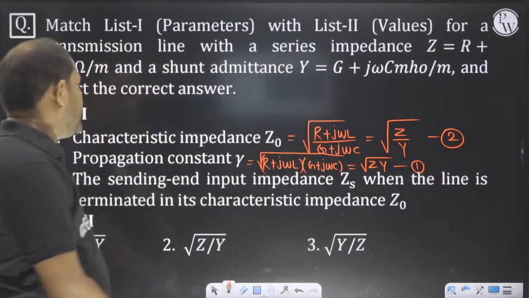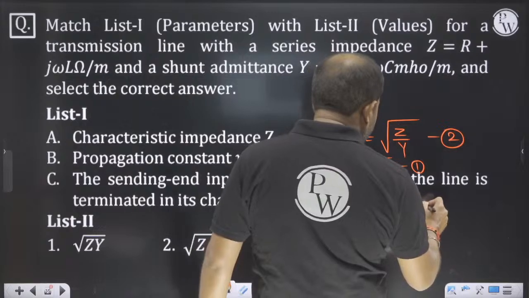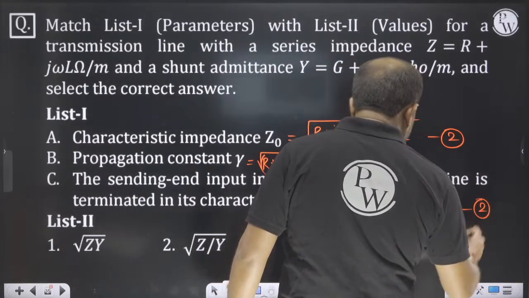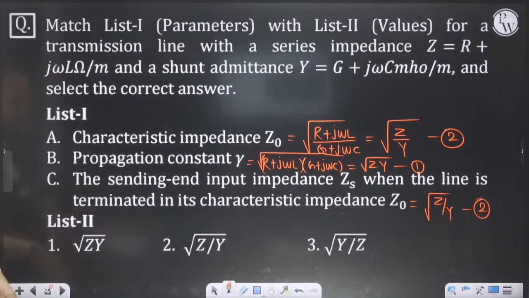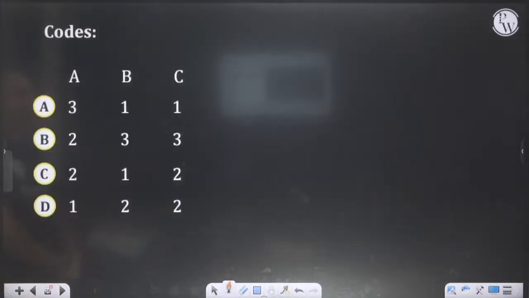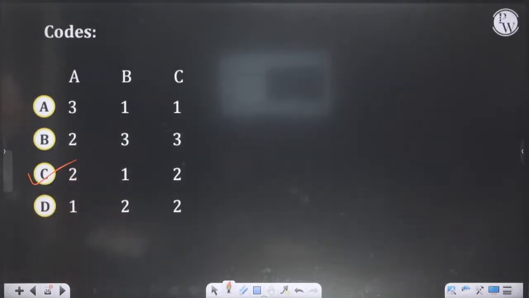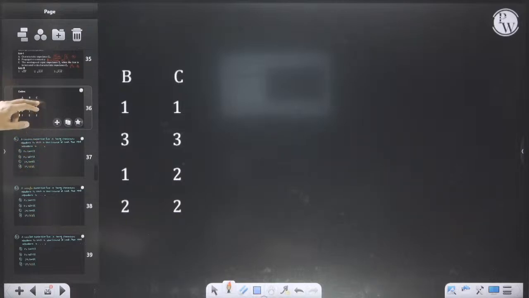Second, they are asking characteristic impedance. So characteristic impedance is Z by Y. So it is second. So first, second is the matching. Which option is correct? C option is correct.